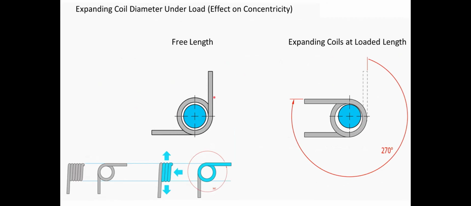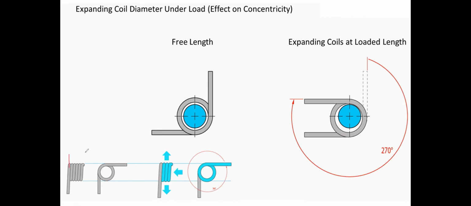So let's look at the other situation, where this free length bar is rotated in the other direction. Previously, we said this bar is rotated counterclockwise. In this case, if it's rotated clockwise, what should the situation be?